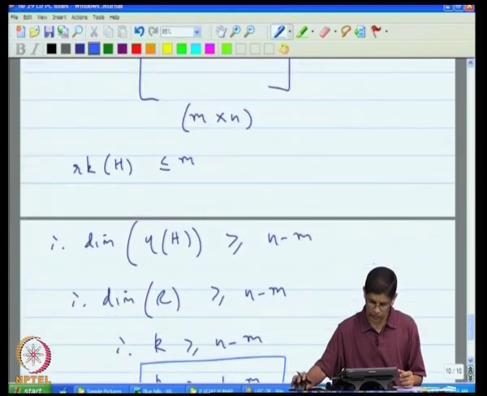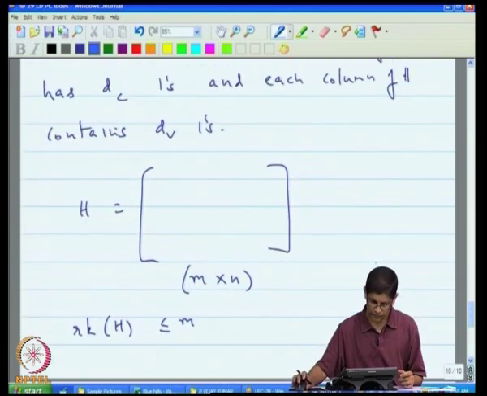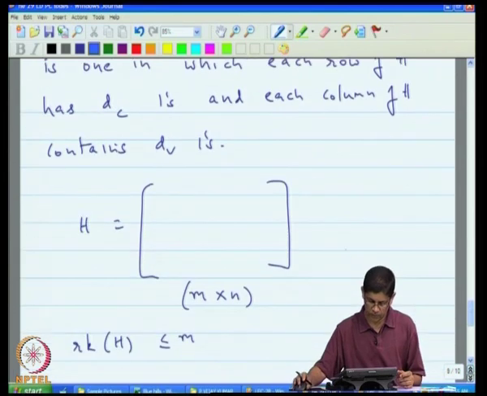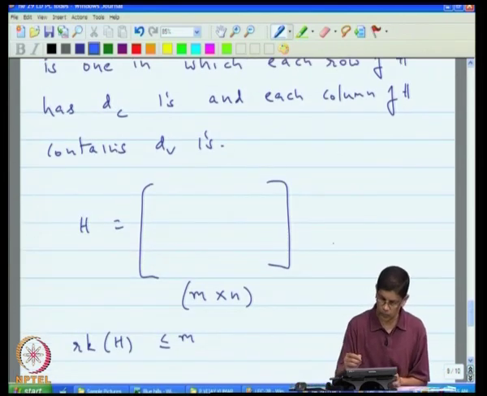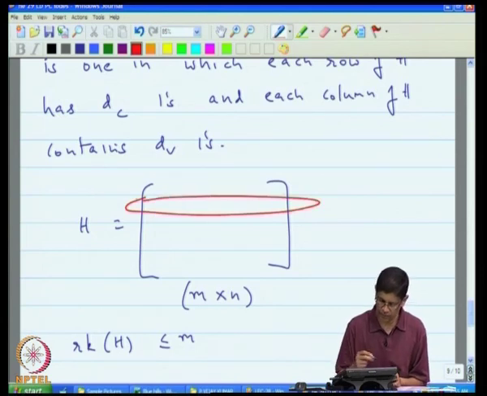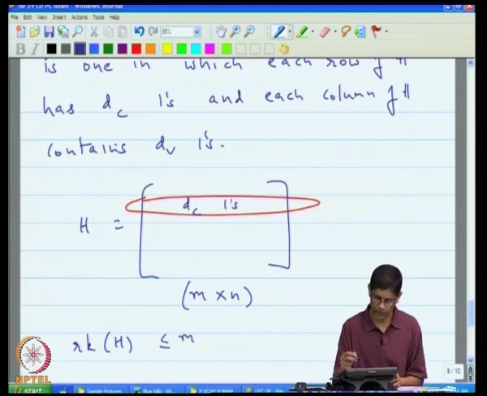Now, in the case of a dv, dc regular code, what will happen is that every row of this matrix will contain precisely dc ones. Okay.